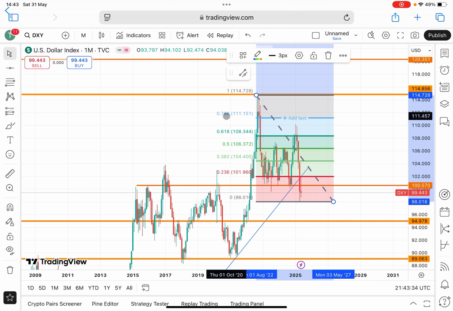One thing I love about this TradingView Fibonacci level is it gives you more details as well. MetaTrader will only give you up to 61%, but TradingView will still give you 78, 114%, and all that. It's more detailed. So it's retraced to almost the 0.78 level.